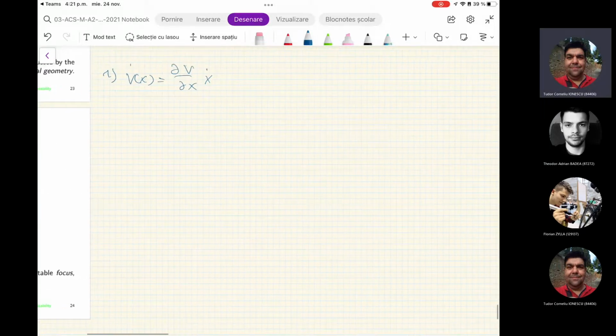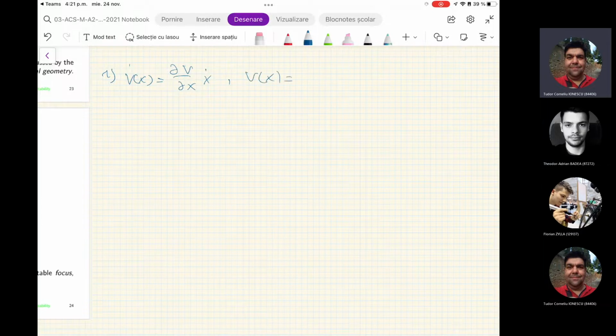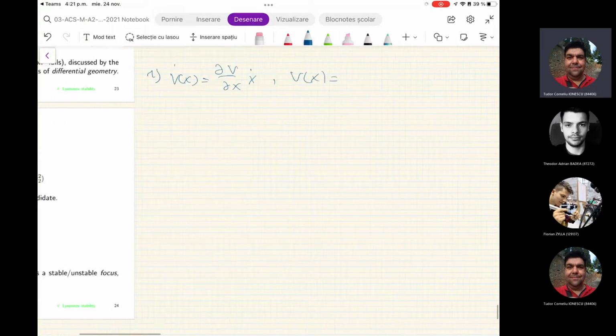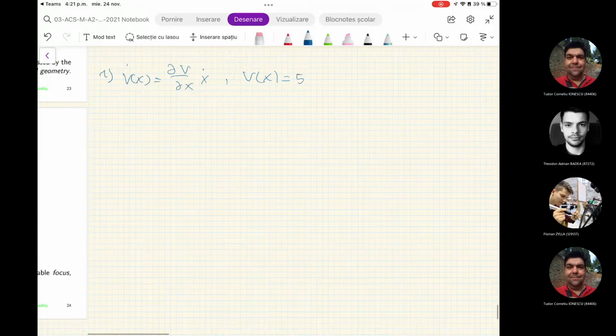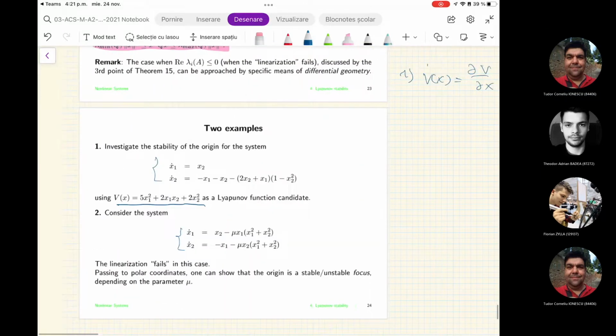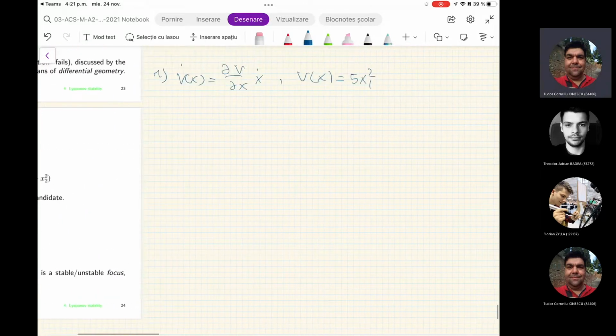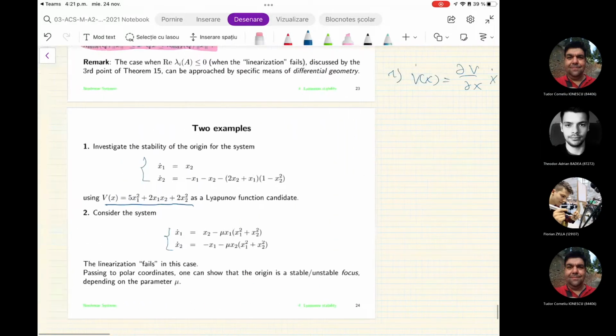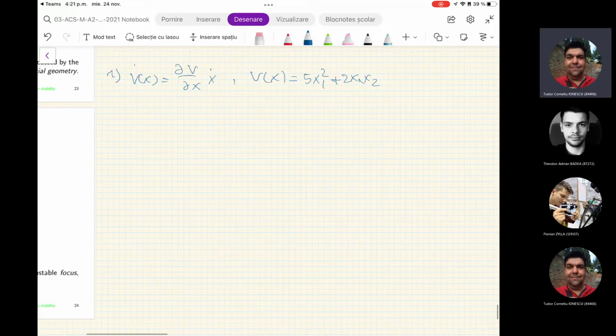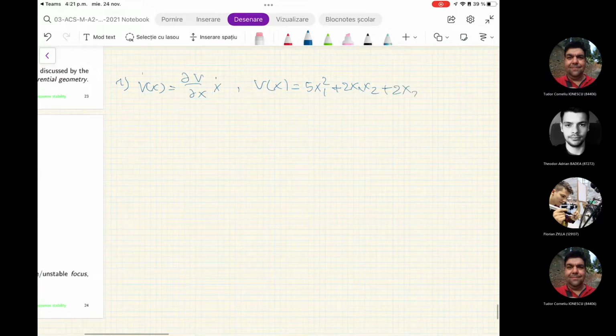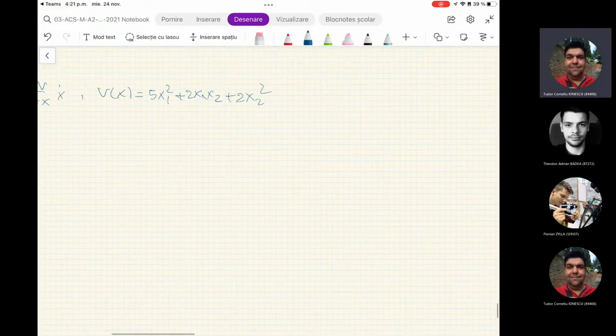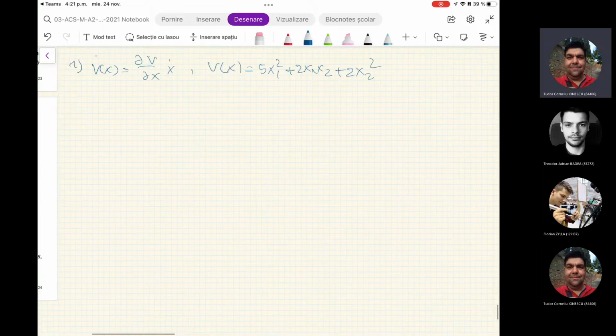Let's write V(x): V(x) is 5x1 squared plus 2x1x2 plus 2x2 squared, like this.